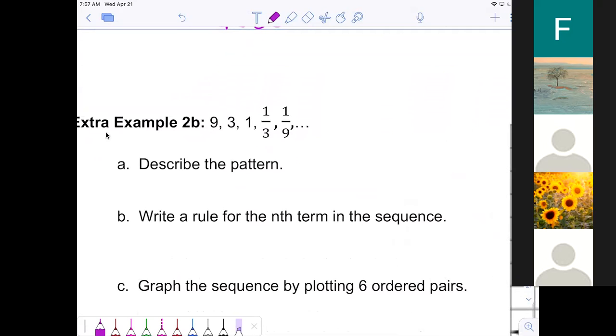How would I get from 9 to 3? Ella, how do you think we'd go from 9 to 3? Divide by 3. Yeah. So you're dividing by 3.